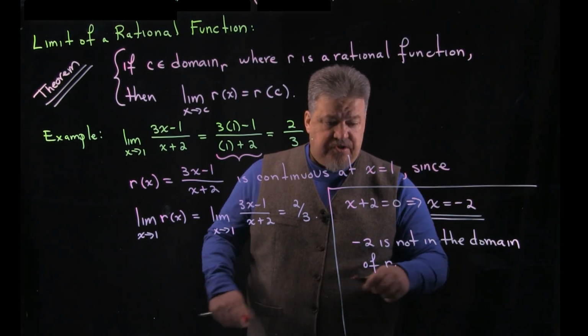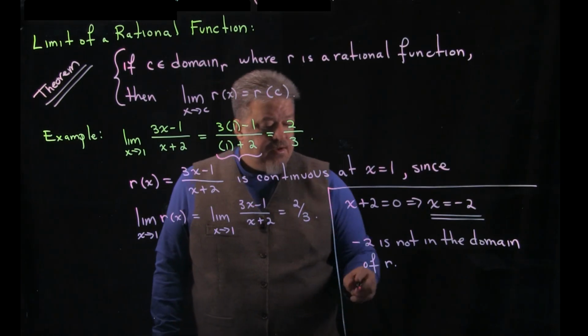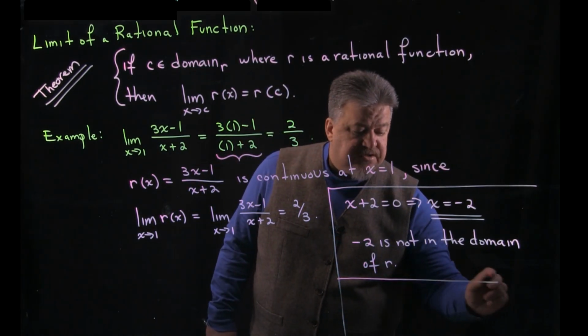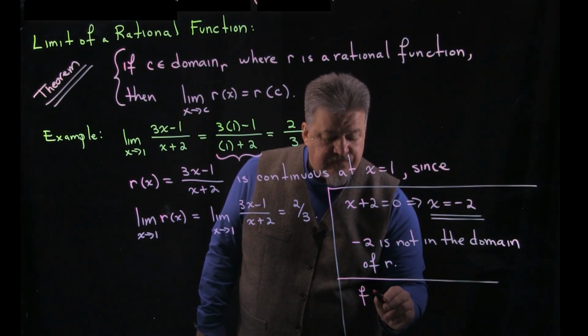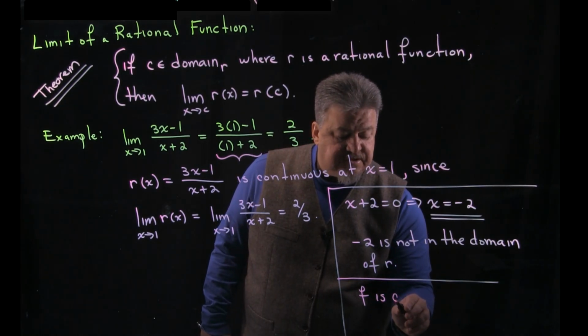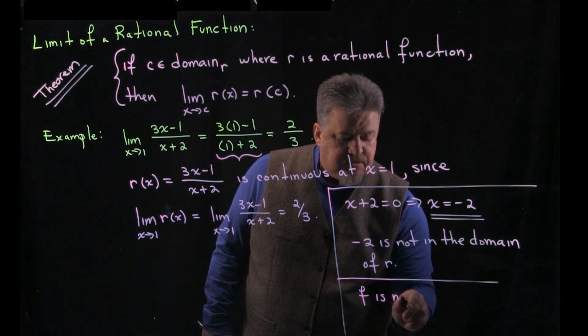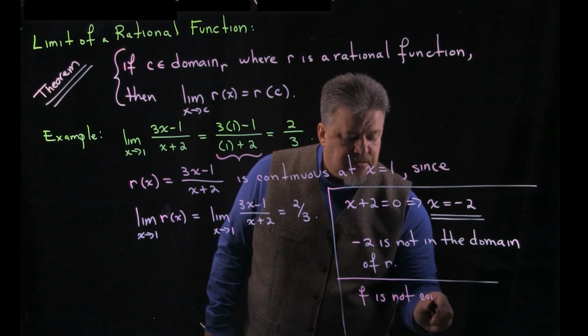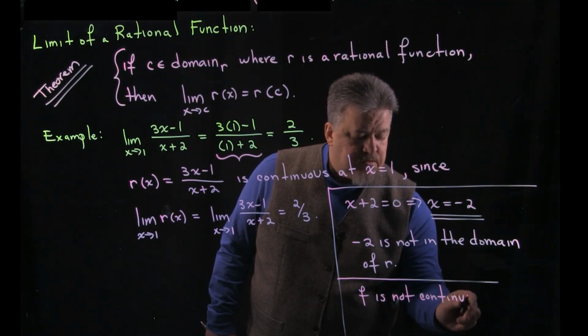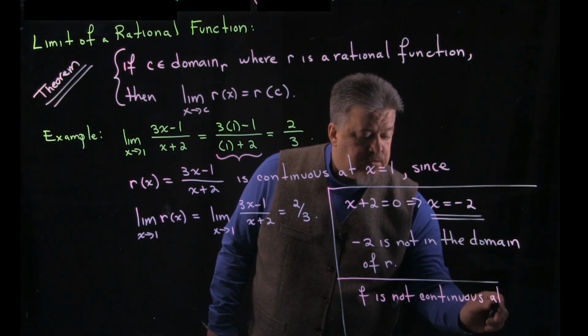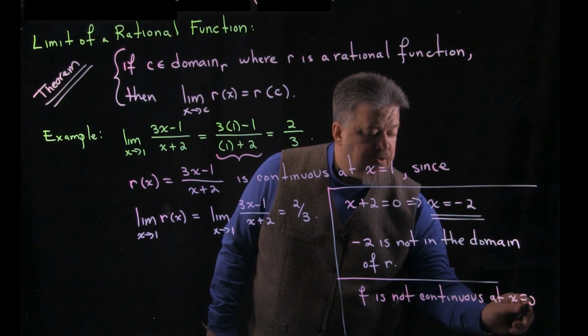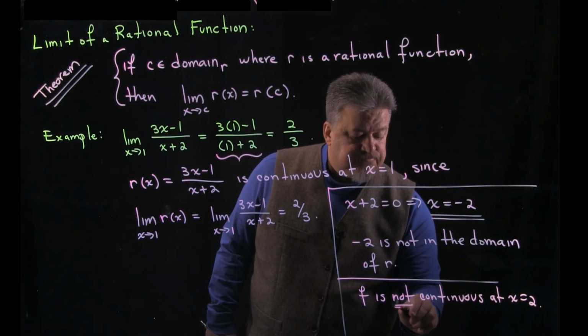However, we know that the function would not be continuous there. The limit might in fact exist at minus 2 or x equal minus 2.